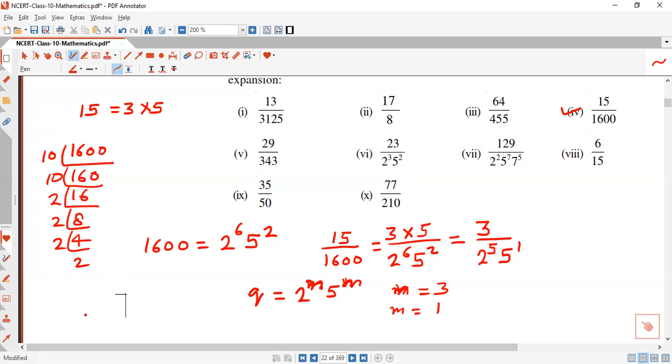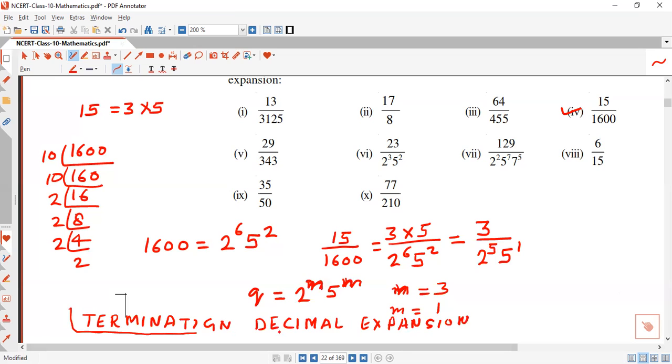So the number has a terminating decimal expansion. So this is the answer. The number has a terminating decimal expansion because Q can be written as 2 raised to n, 5 raised to m.